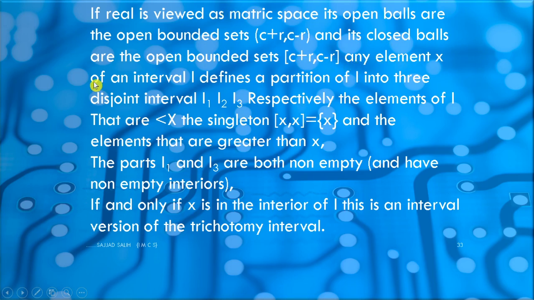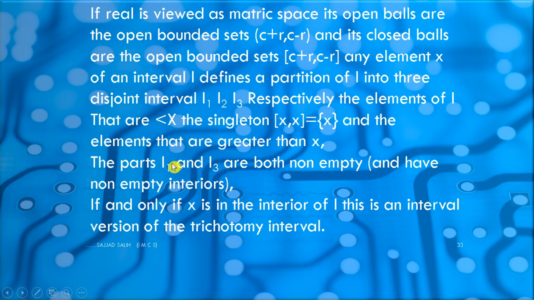Any element x of an interval I defines a partition of I into three disjoint intervals I1, I2, I3 respectively: the elements of I that are less than x, the singleton closed interval [x, x] which is equal to x, and the elements that are greater than x.